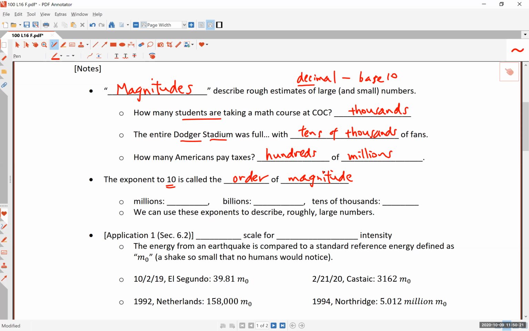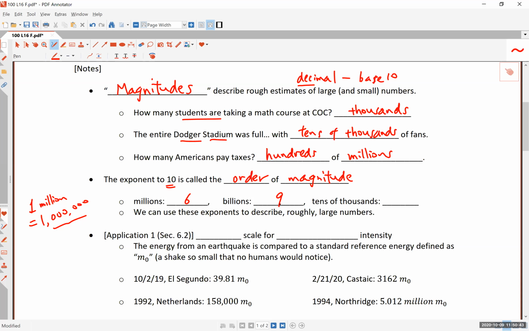Now, oops, that's over here. All right, what is a million? 1 million, if you write this out, it's 1, 0, 0, 0, 0, 0, 0. So you have 6 zeros. So millions, we say the order of magnitude is 6. For billions, the order of magnitude will be 3 times more than that.